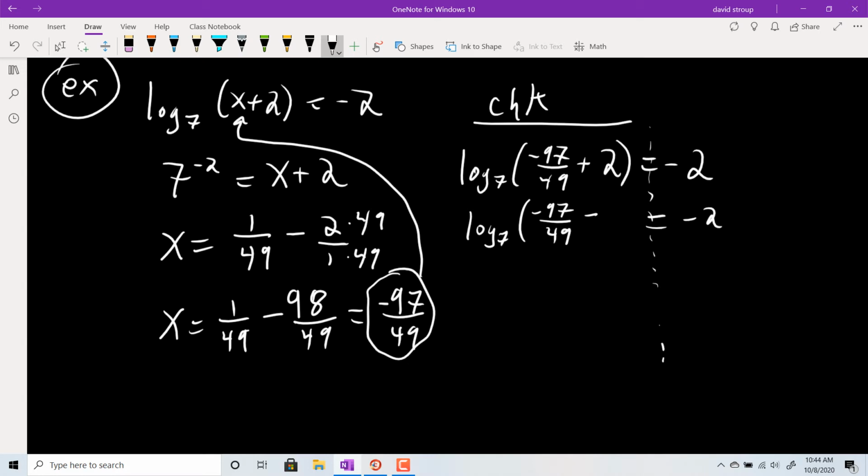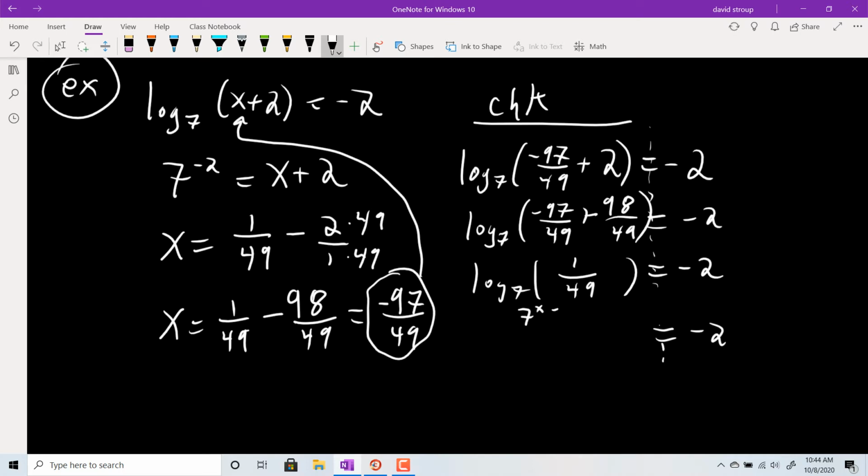2, we just figured out, is the same as 98 over 49. Okay, so 98 minus 97 over 49 is 1 over 49. And then you're asking yourself, 7 to what power equals 1 over 49?